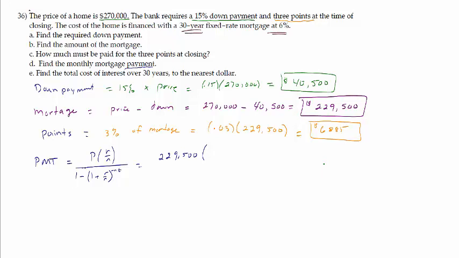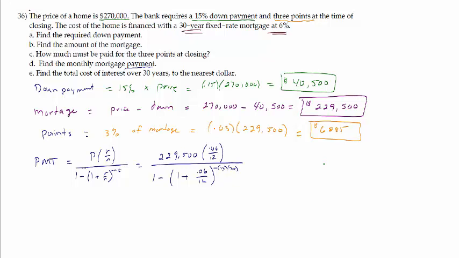Remember, it's a 30-year fixed rate mortgage at 6%. So I have 0.06, and then it's a monthly payment, so over 12. So there are going to be 12 periods. And then in the denominator, I've got 1 minus, and then in parentheses, 1 plus my interest rate, 0.06 over 12. N is still 12, and then a negative NT, so 12 times a year, and the time is going to be 30 years.